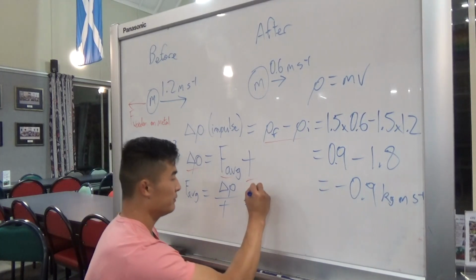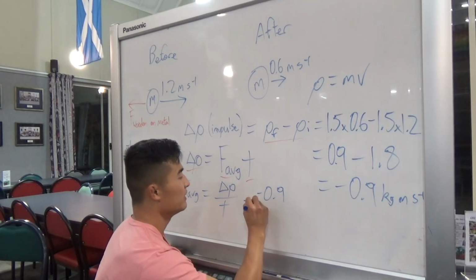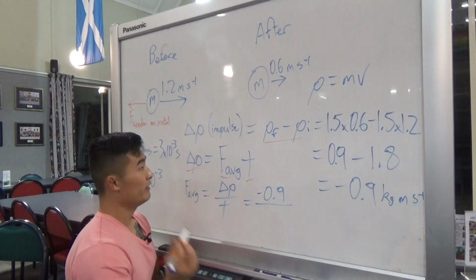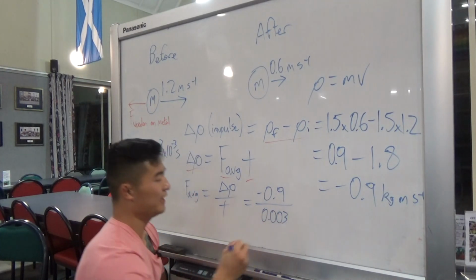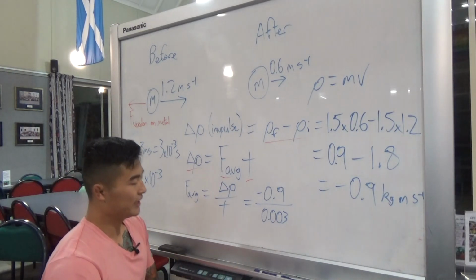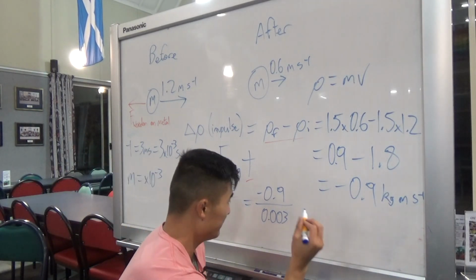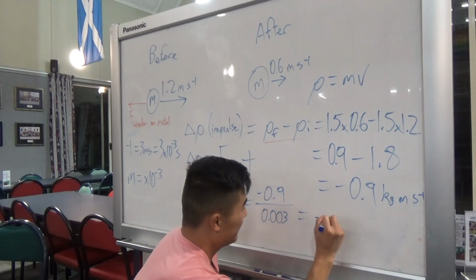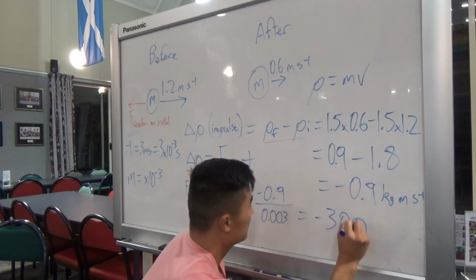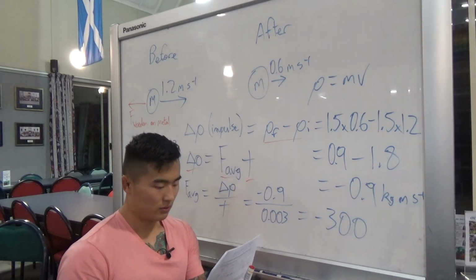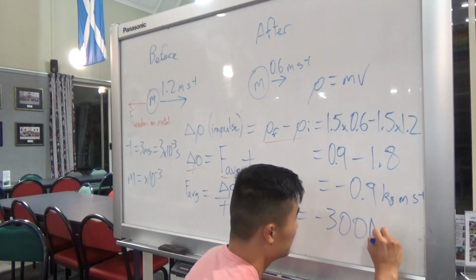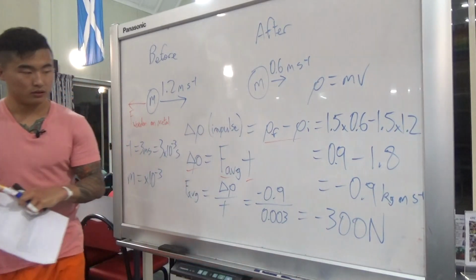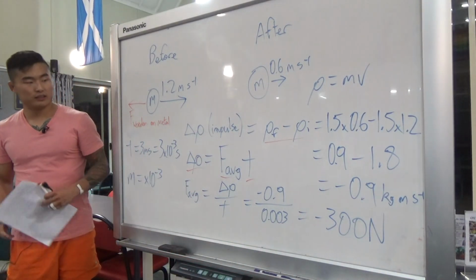And delta P is negative 0.9 over our time, which is 0.003, or you could write 3 times 10 to the negative 3. Same thing. And if you did that, that would be negative 300 newtons. Okay?